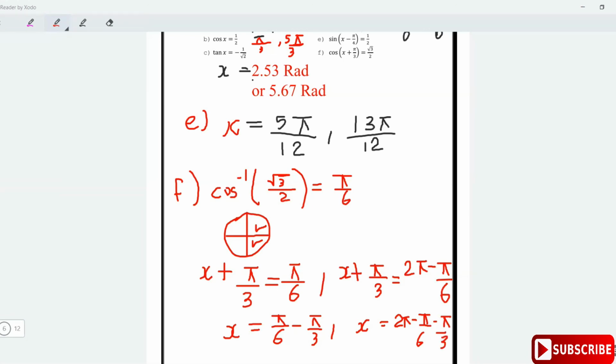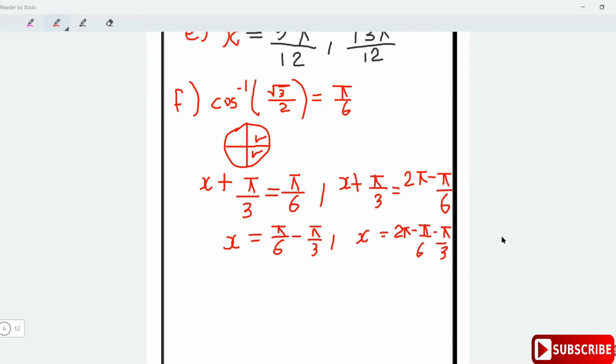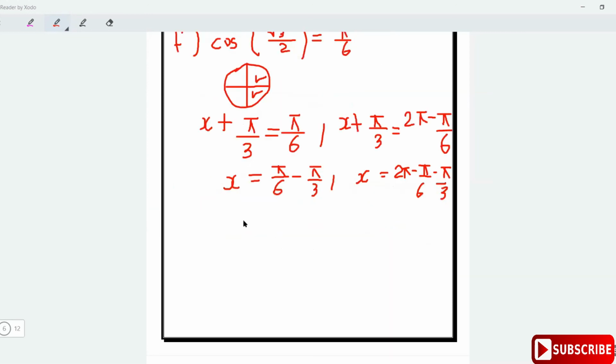So let's work these out. Pi by 6 minus pi by 3 is minus pi by 6. But minus pi by 6, this one is not valid.